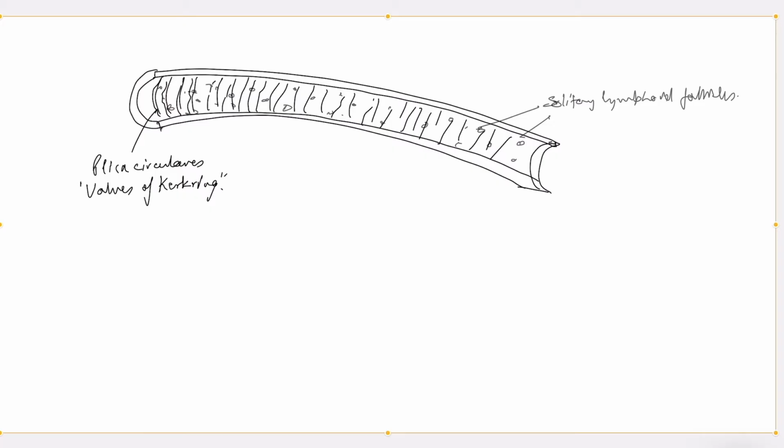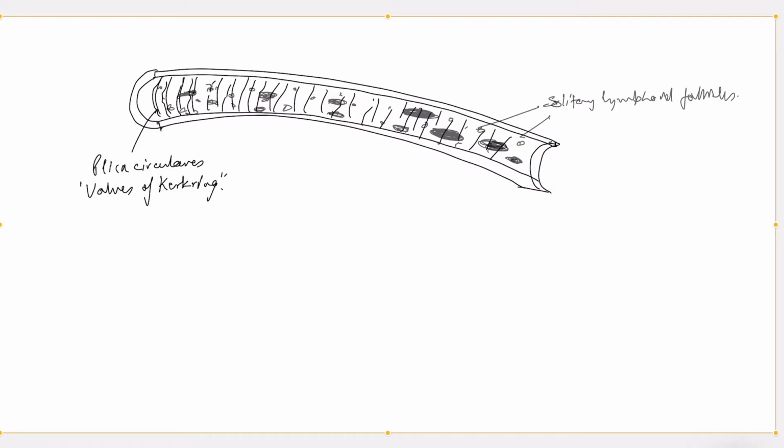But at certain places, especially towards the distal portion of the small intestine, there will be large oval-shaped patches, and the longitudinal axis of these patches will be along the length of the small intestine, right? And these patches will diminish when we are talking about the proximal portion of the small intestine.